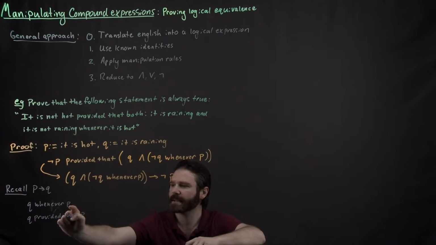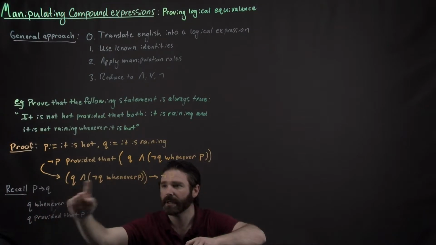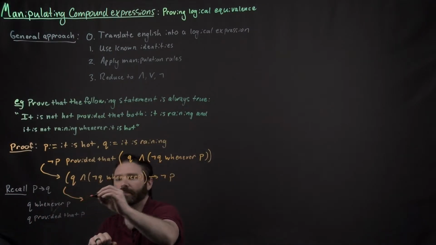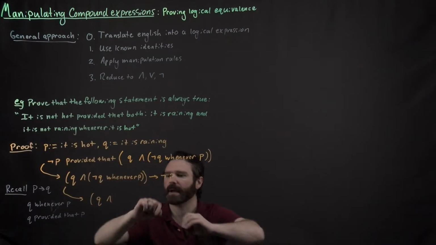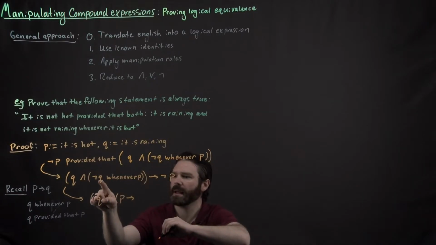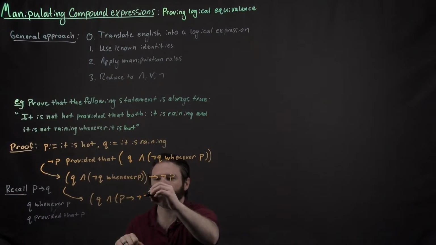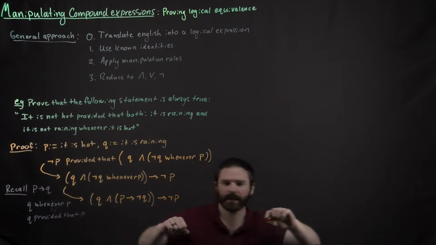Again, what's on the right-hand side is the hypothesis of my implication, and what's on the left-hand side is the conclusion of my implication. So here, this is going to become Q and. Now here, that's my hypothesis. And this not Q is my conclusion. And that whole thing implies not P.